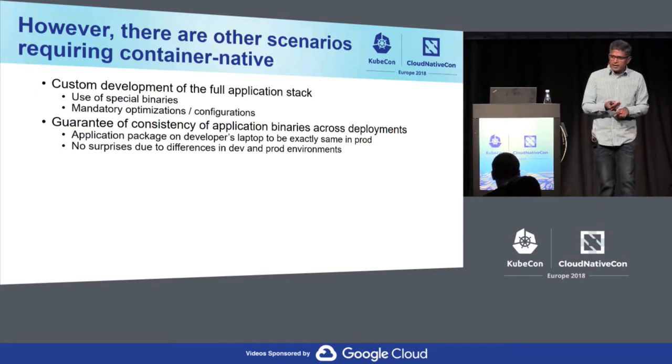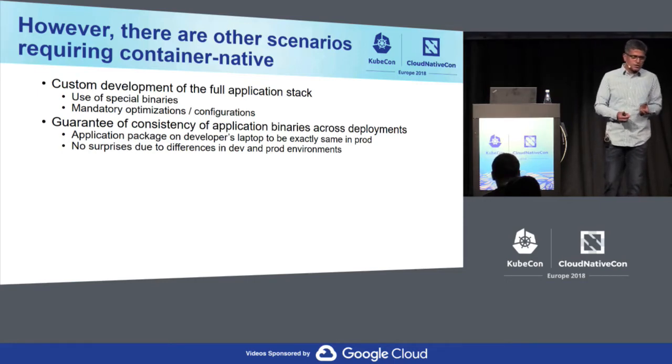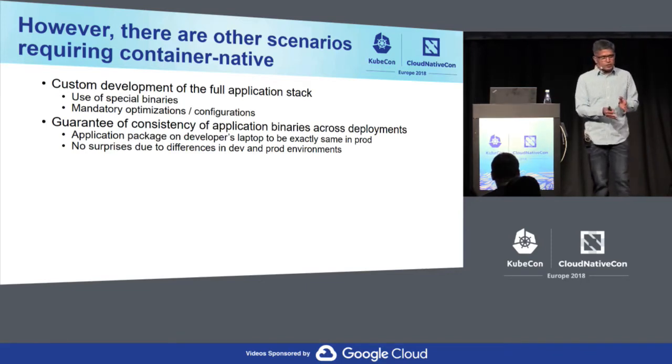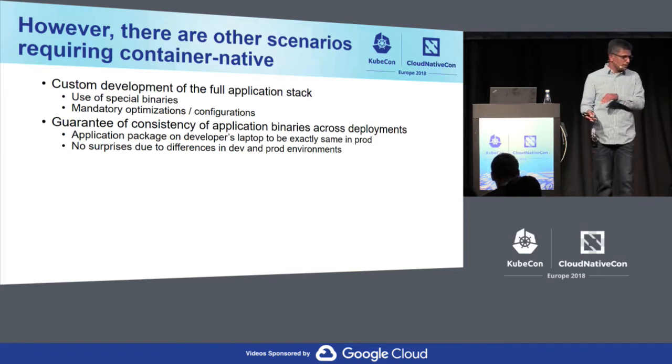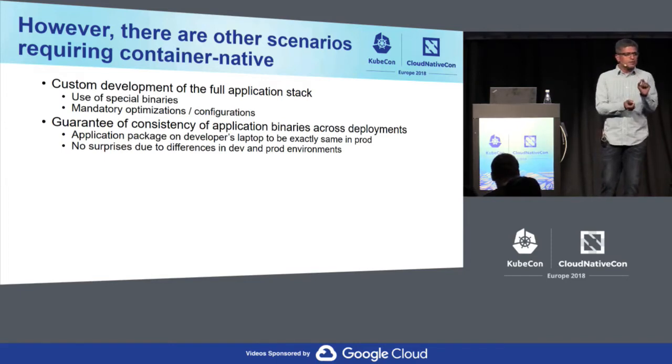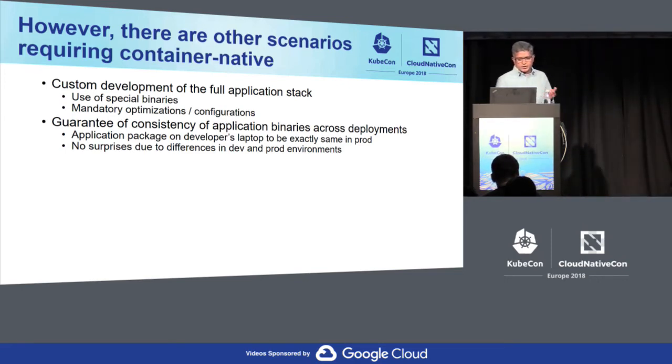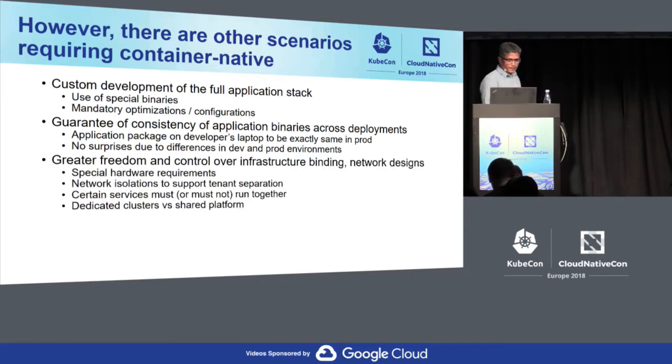So in Cloud Foundry as well, you could guarantee the same application package across the landscapes, but then you have to have some strict processes that would ensure that the overall configuration is the same, right? Whereas with containers, it's pretty inherent that once the developer has programmed the container, then it's going to be the same image running anywhere. So for these scenarios, I think we all would agree that container native programming provides better assurances of having the same package running in different deployments.